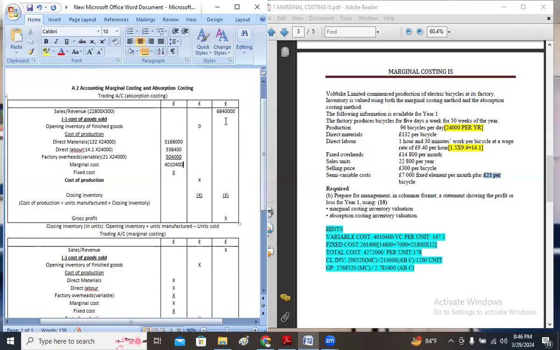Now we have to get to the fixed cost. Fixed cost is 14,800 per month, so multiplied by 12, plus there is also a 7,000 fixed element per month, that is 7,000 multiplied by 12.